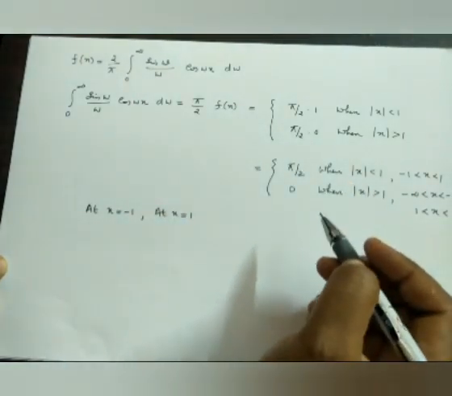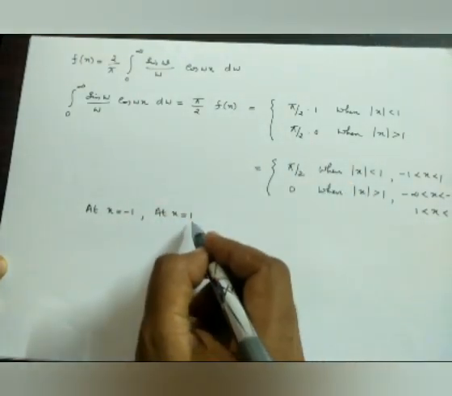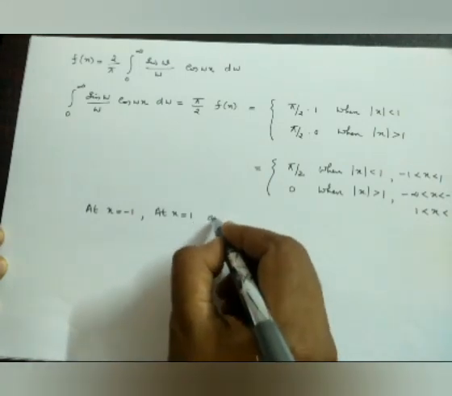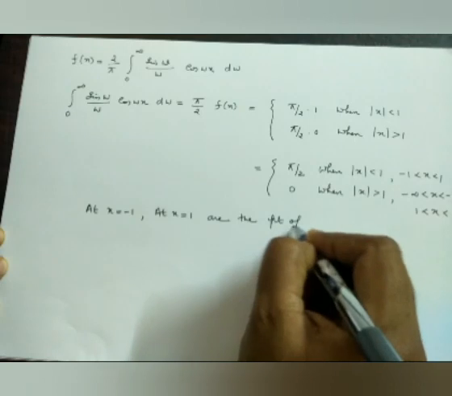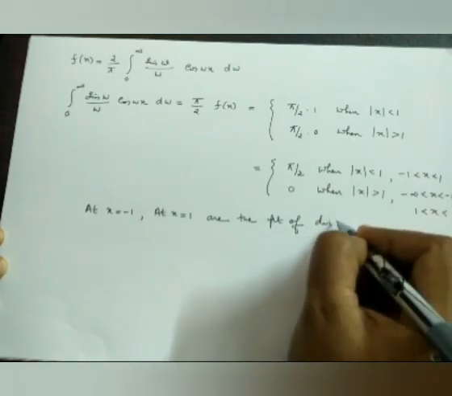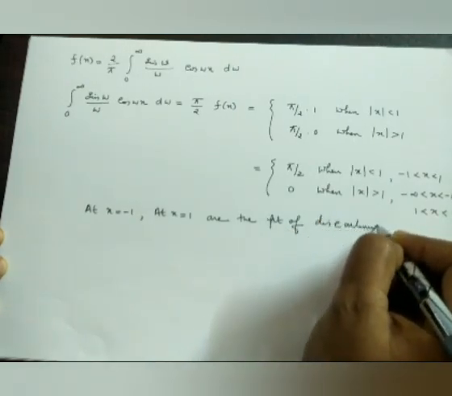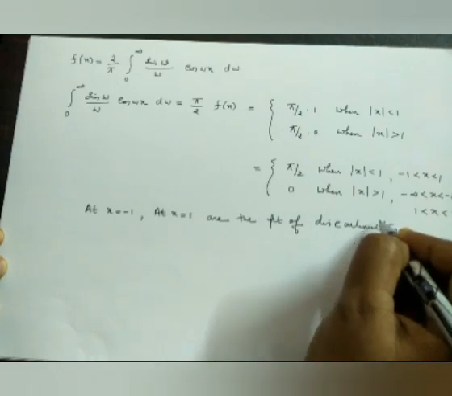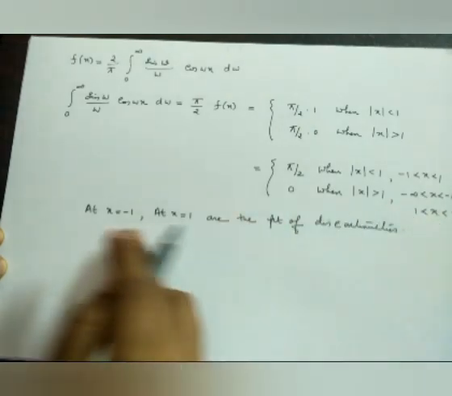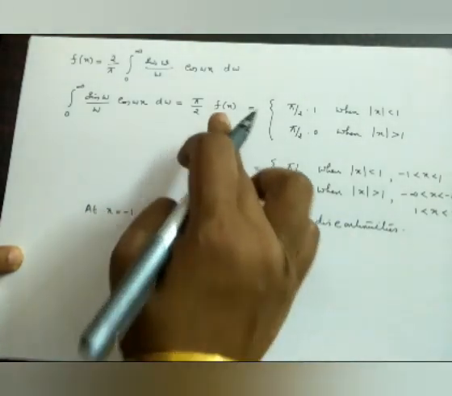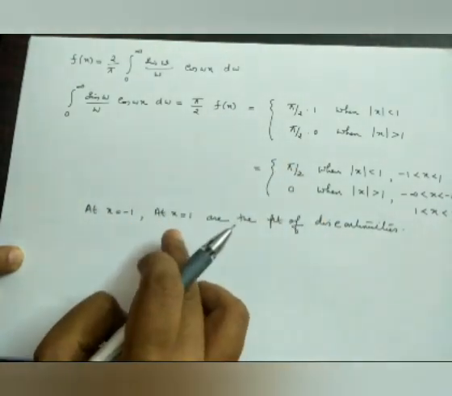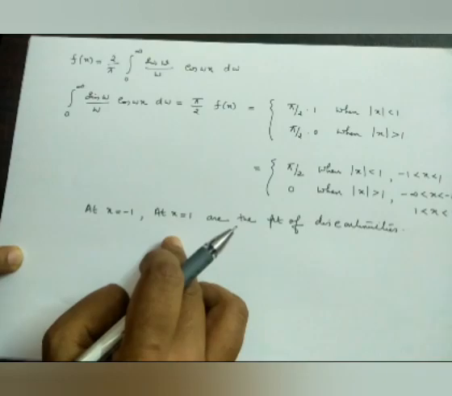That means x equal to minus 1 and x equal to 1 are the points of discontinuity. Therefore, we want to find the values of f of x at x equal to minus 1 and x equal to 1.